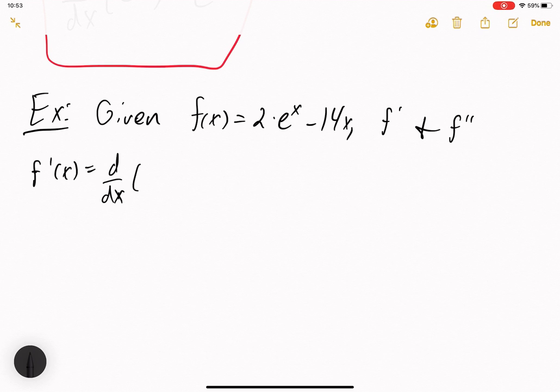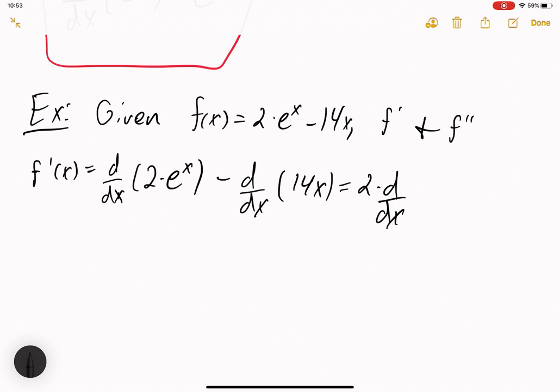I'm going to go ahead and break it up over the difference. So 2 times e to the x minus d/dx of 14x, which is just equal to, we can pull out the constants, d/dx of e to the x minus, you can pull out that 14, d/dx of x.